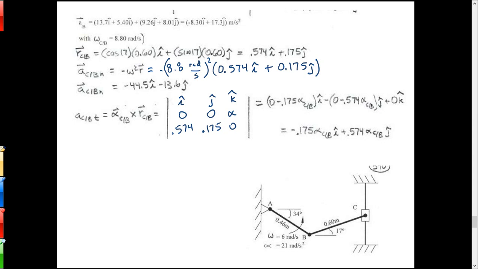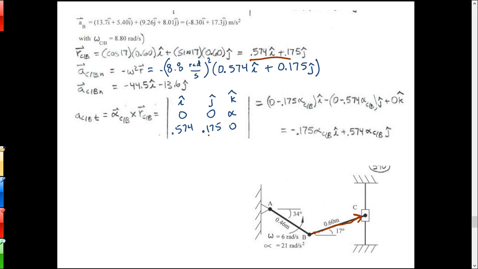First thing I do is get the position of C with respect to B: cosine 17.6i plus sine 17.6j. That's just tracking the vector that goes from B to C. So that's 0.574i plus 0.175j.